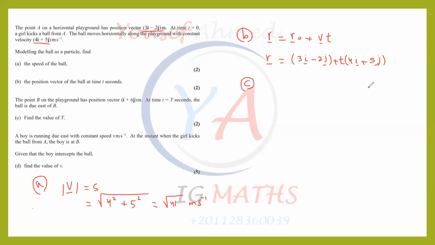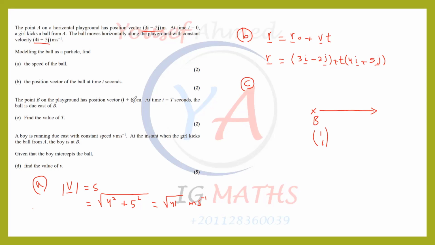For C, it says the point B on the playground has position vector i plus 6j. Here's point B, which we can write as a column vector, 1 and 6, 1i and 6j. At time t seconds, the ball is due east of B, so it's on the east of B, and we need to know how.